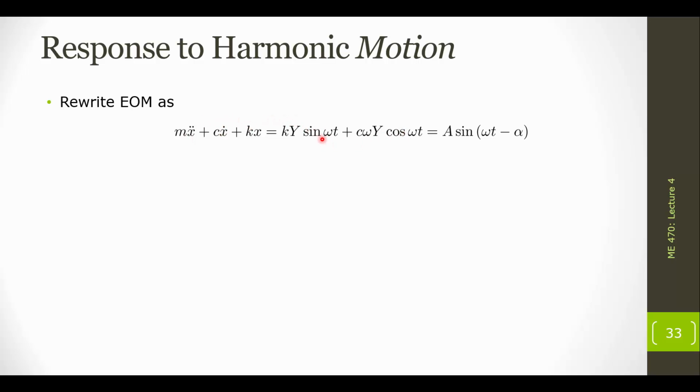So I'm going to take this sine and this cosine. Notice that they have the same frequency here. And like we've done before, I'm going to combine the sine and the cosine into one term, in this case a sine, and it's going to have a phase alpha associated with it. And then I'm going to combine those amplitudes, and I'll call that A. So I'm going to express the right-hand side now as this amplitude times a sine function with a phase involved.